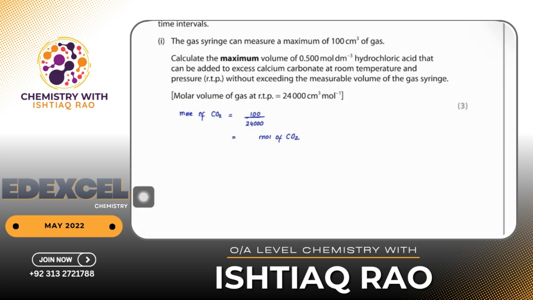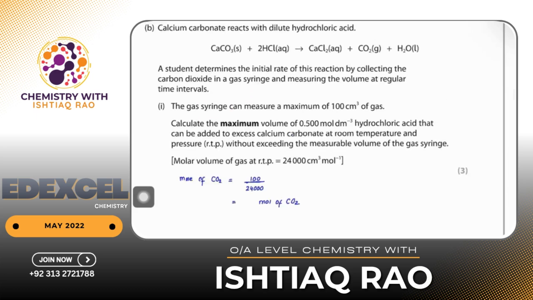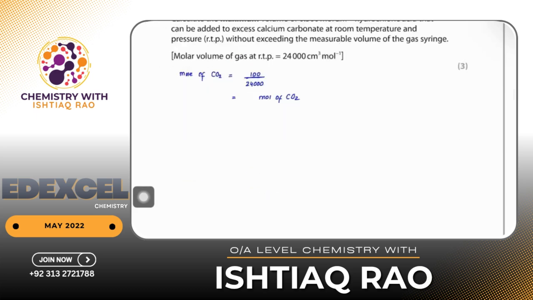When you have the mole of carbon dioxide, since the ratio between HCl and carbon dioxide is 2 is to 1, 100 upon 24,000 would be giving you 4.166 exponent minus 3 mole of CO2.